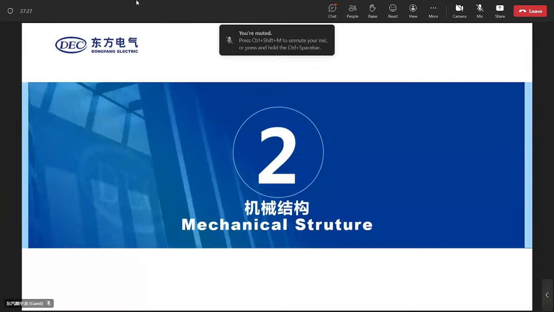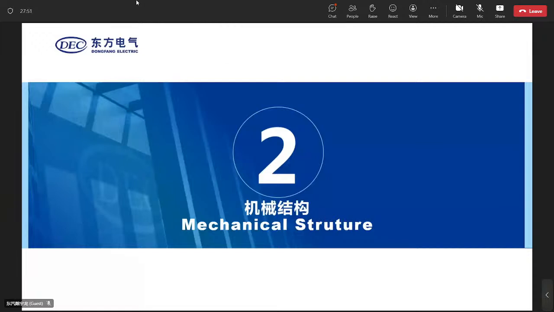During turbine startup, shutdown and normal operation, due to temperature change, thermal expansion will be produced.